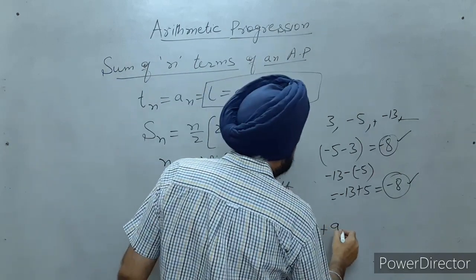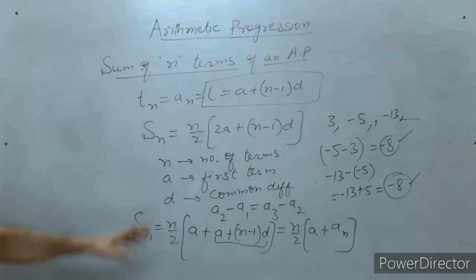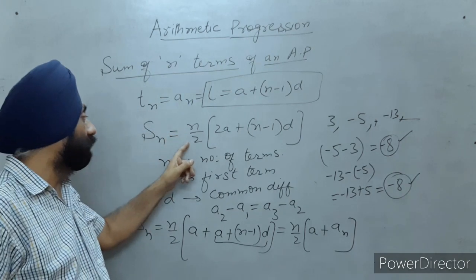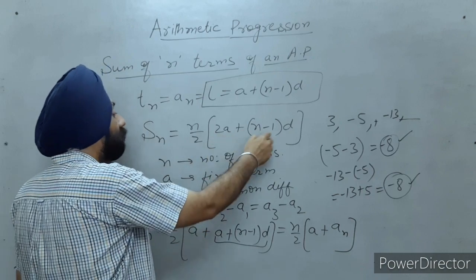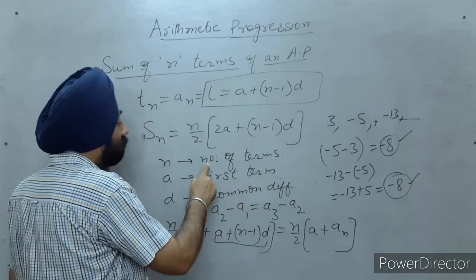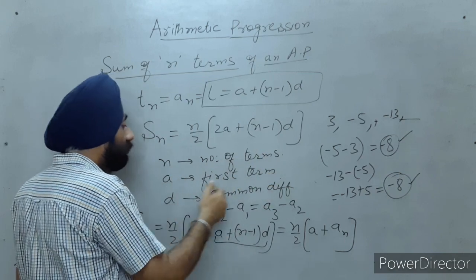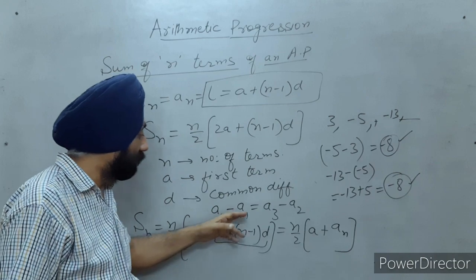We can write it as sum of n terms, n by 2, 2a plus n minus 1 into d, where a, n and d have their terminology. That is, n is the number of terms, a is the first term, d is the common difference. And common difference is always calculated like this.